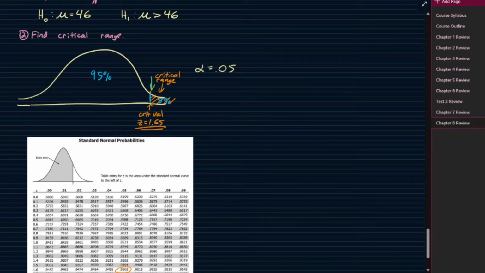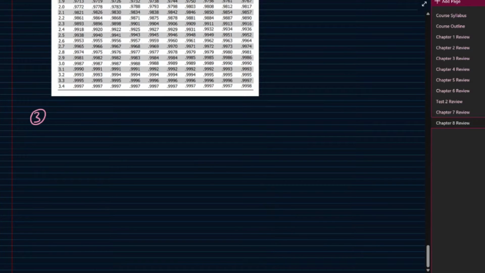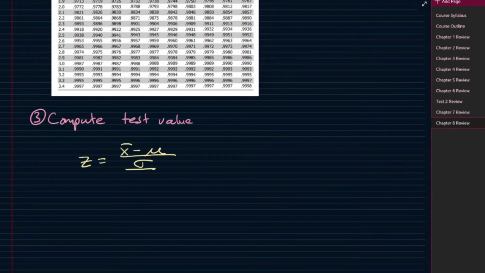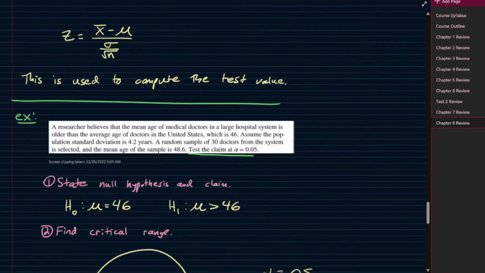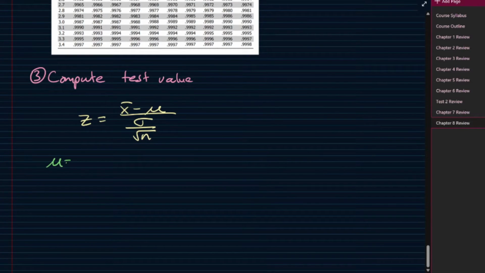Step 2, done. Now we go to step 3, which is to compute the test value. And remember, for this, we use the formula x bar minus mu over sigma divided by square root of n. Just need to pick out all this information from the problem. So let's see here. Our mu is 46. We knew that already. What's x bar?